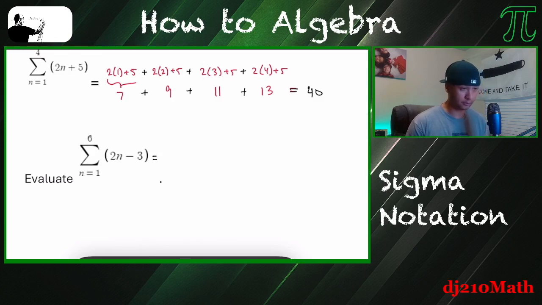All right, so let's try another example. So this is the sum of 2n minus 3 from 1 to 6. So we're adding up all the values from 1 to 6.